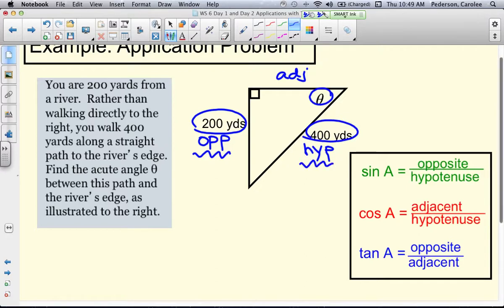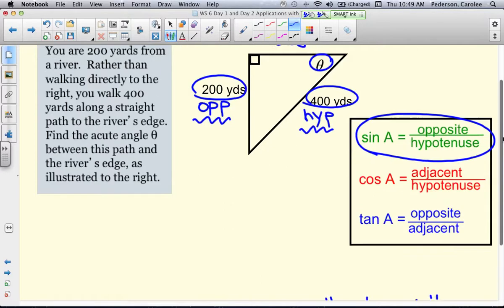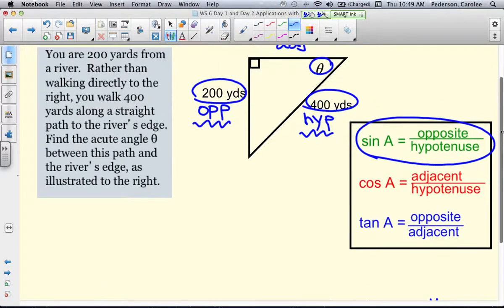So of the three trig functions, which one works with opposite and hypotenuse? Well, it's the green one right here. The sine of an angle equals opposite over hypotenuse. So we say the sine of the angle theta equals opposite, which is 200 over 400.